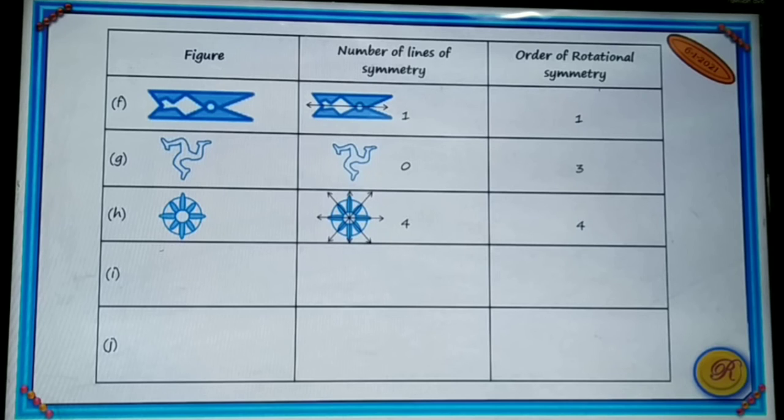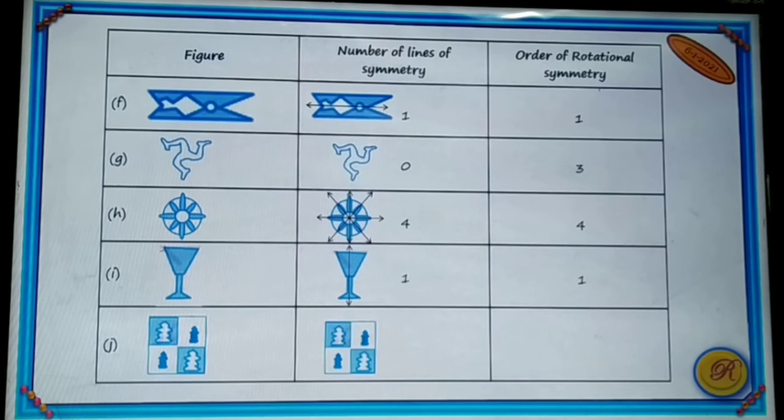For figure I, number of lines of symmetry 1. Order of rotational symmetry 1. For figure J, number of lines of symmetry 0.